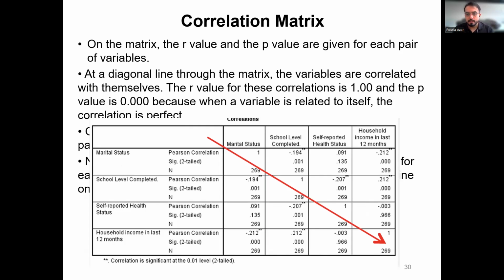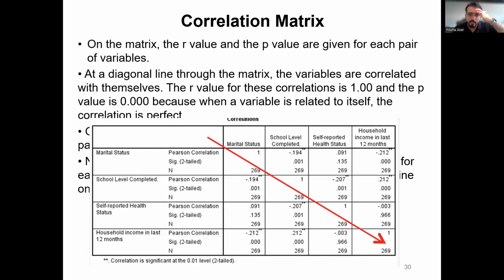So as you can see, we have a value of 1 for marital status in the first cell, and marital status, because these are the same variables. So of course there's a strong and perfect positive relationship between the same variable, between a variable and itself.